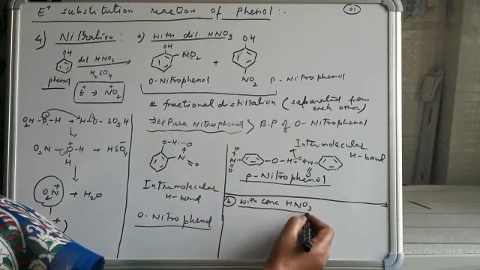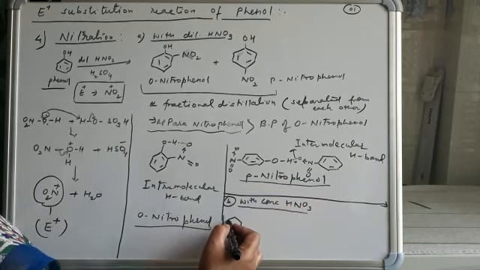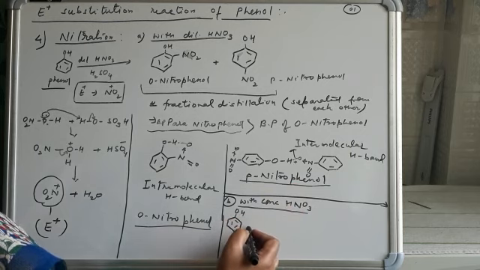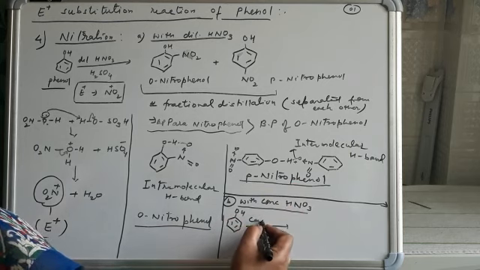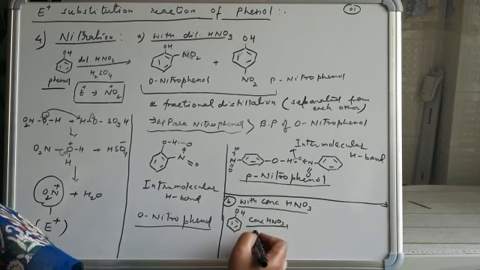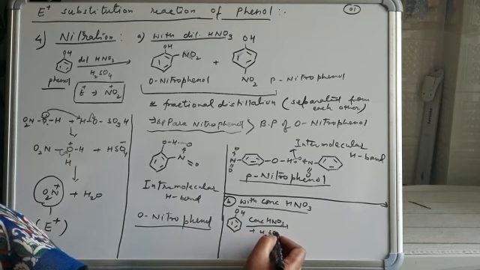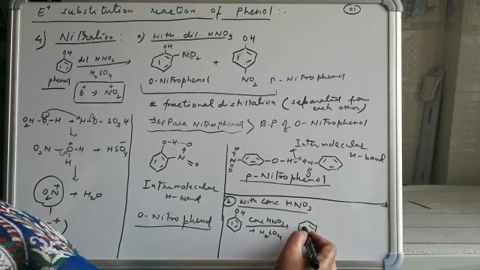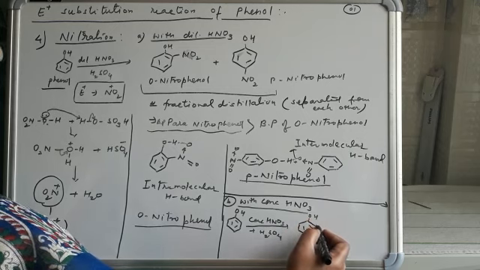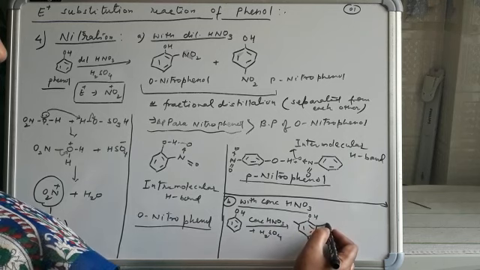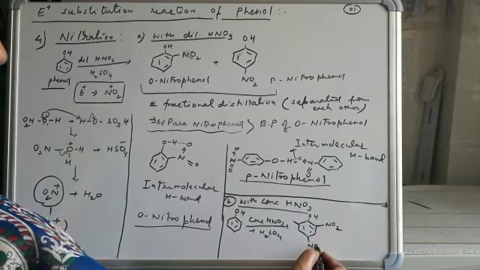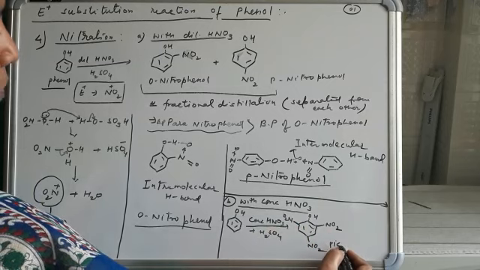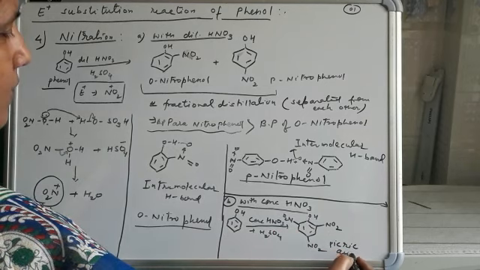When phenol is treated with concentrated nitric acid, means nitrating mixture, conc HNO3 plus conc H2SO4, formation of 2,4,6 trinitrophenol takes place, and it is commonly known as picric acid.